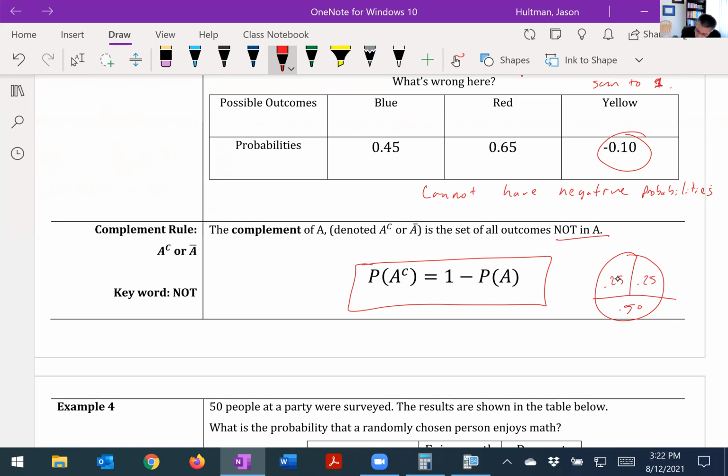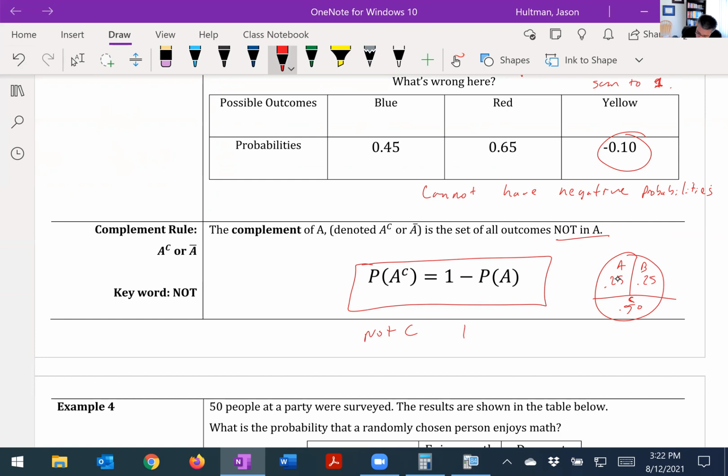I want to say this is A, B, and C. I'm going to put the C above this. And so if I want the probability of not C, then what could I do?